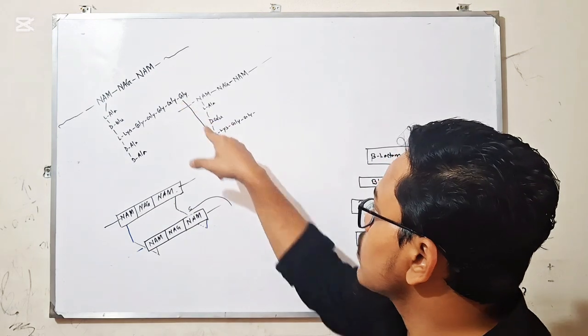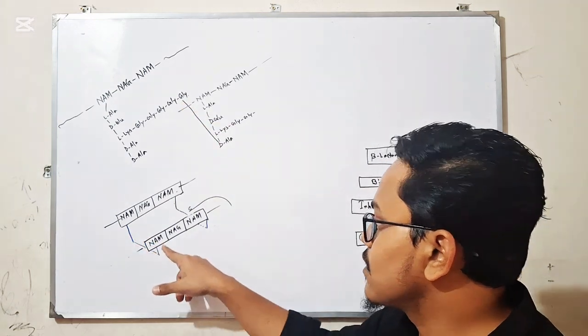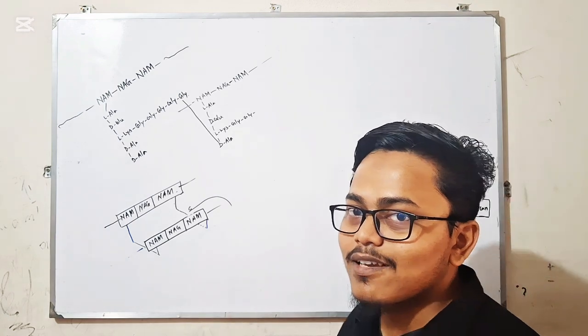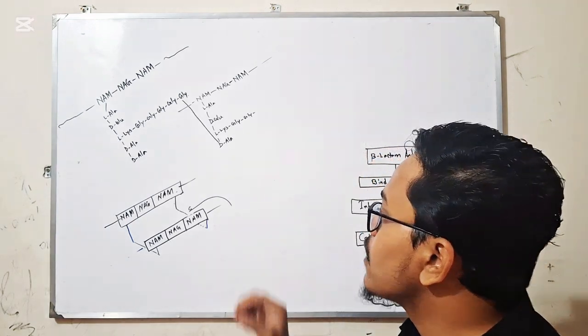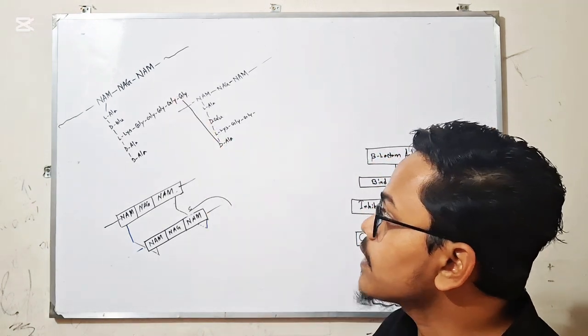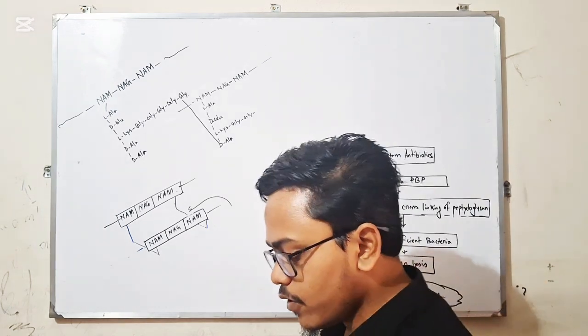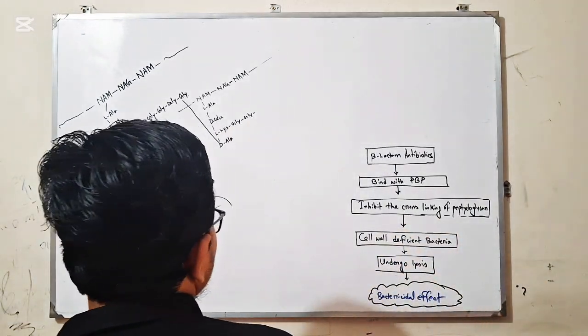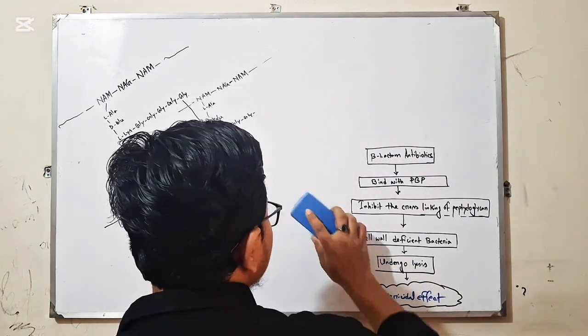If you look at this bond, it will look like this, cross linking. So this D-alanine and glycine form a peptide bond. How do they form a peptide bond? Let's know about the basic part.